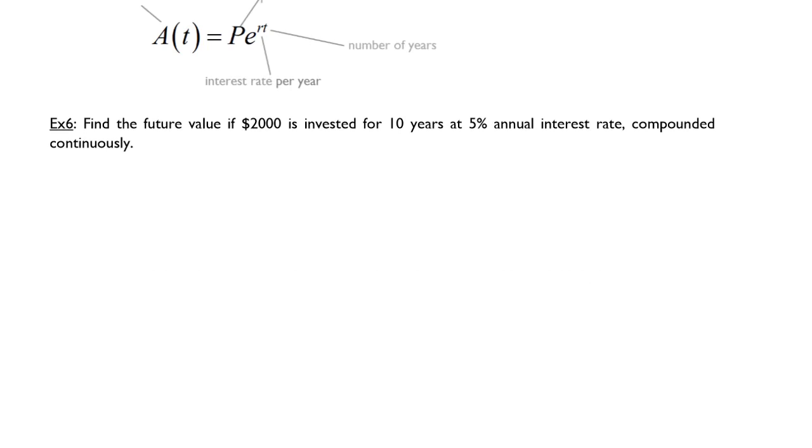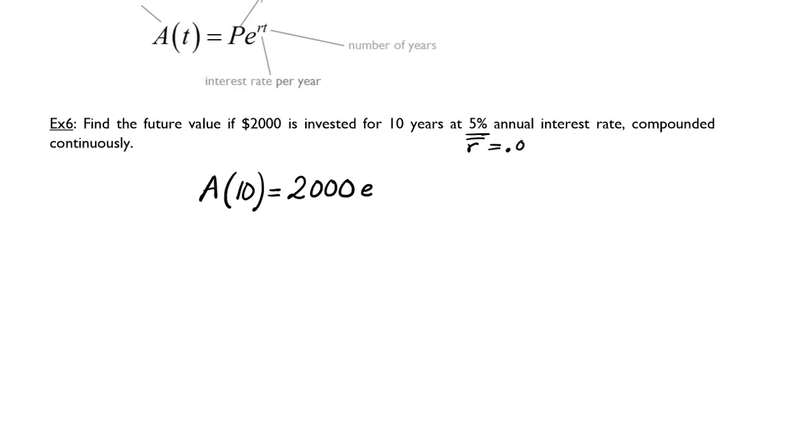If we wanted to find the future value of $2,000, which is invested for 10 years at 5% annual interest, compounded continuously, we could substitute it into the formula A of t for our future value for continuous compounds. When time is 10, our principal is $2,000. E raised to the r, 5% annual interest rate is r, and we'll write it as a decimal.